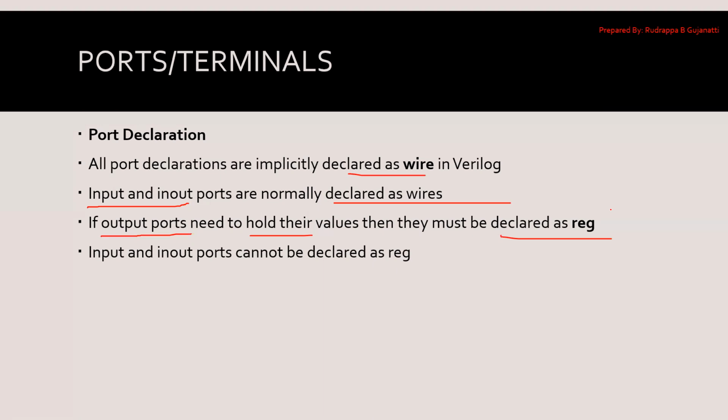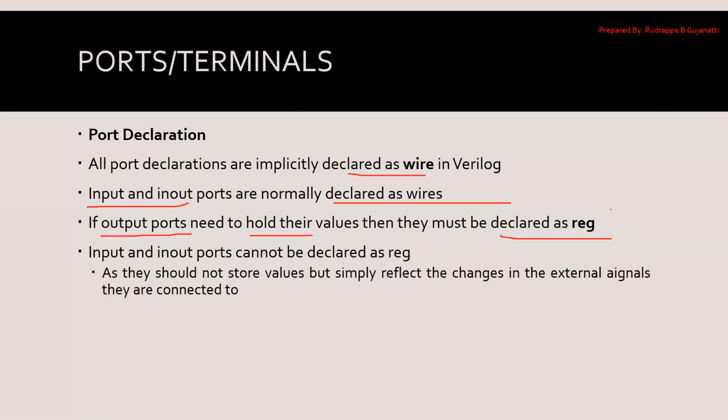Now, why can input and in-out ports not be declared as register data types? It is because they generally don't need to store the values. They just have to reflect the changes which are happening. Suppose, for example, there is a temperature sensor sensing the temperature. It is just trying to see if any change is there in the temperature, and based on some logic, you can give some output from this module.